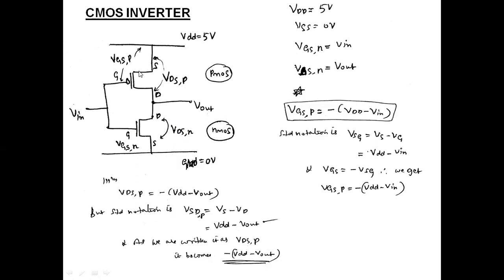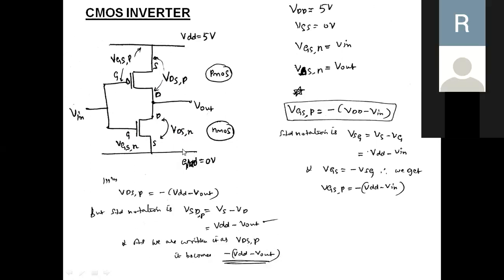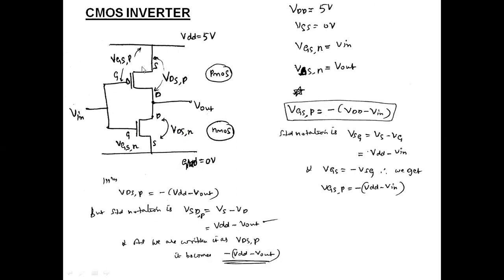And we know that the source of PMOS should be going to VDD and the source of NMOS should be going to ground. So here, based upon the magnitudes of VDSN or VDSP or VGSN or VGSP, these devices can be staying in 3 states.